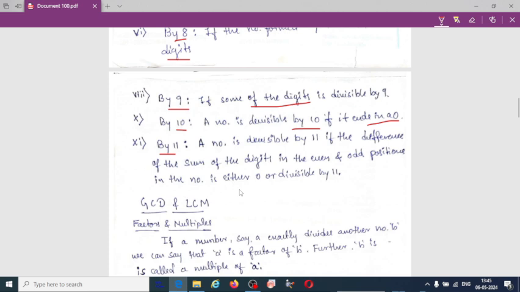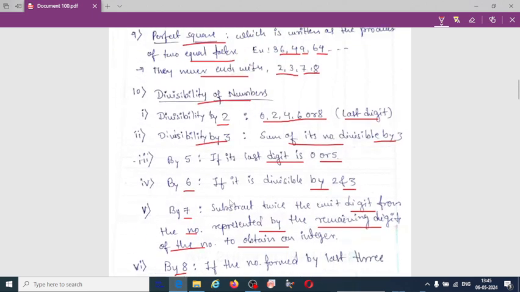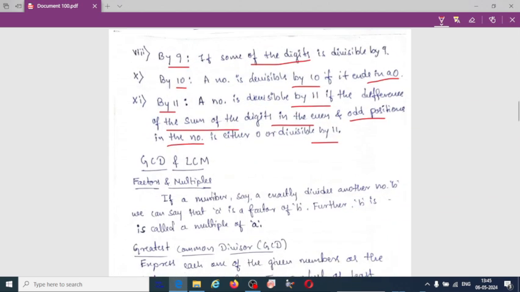By 11, a number is divisible by 11 if the difference of the sum of the digits in the even and odd positions in the number is either 0 or divisible by 11. So these are the divisibility rules you can follow for getting the solution for the given problem.